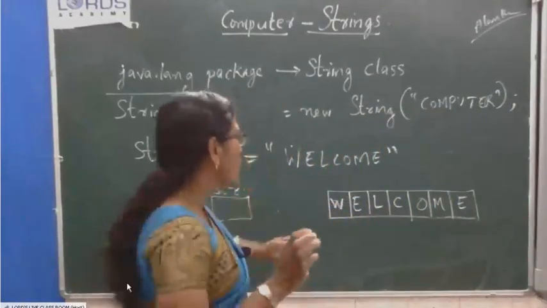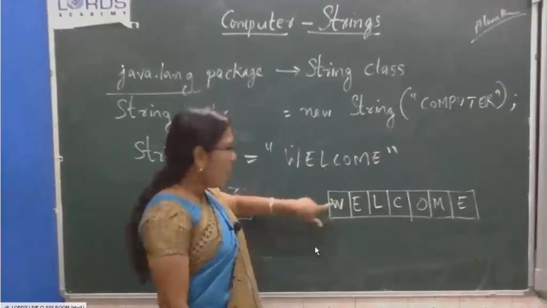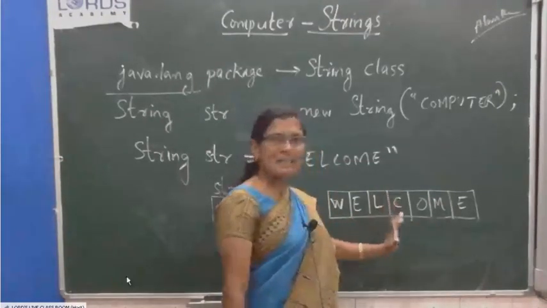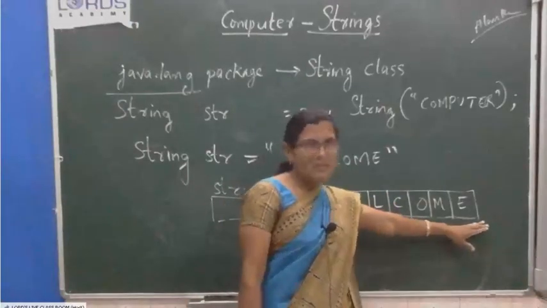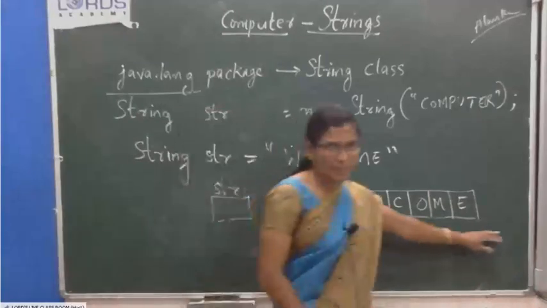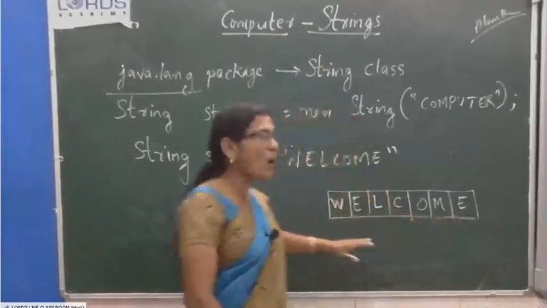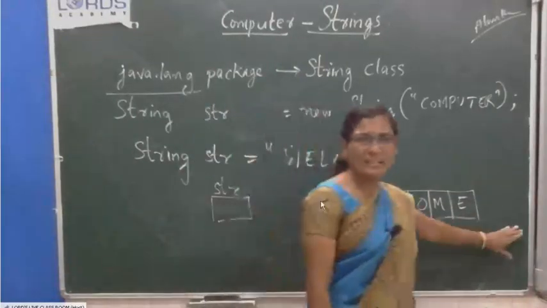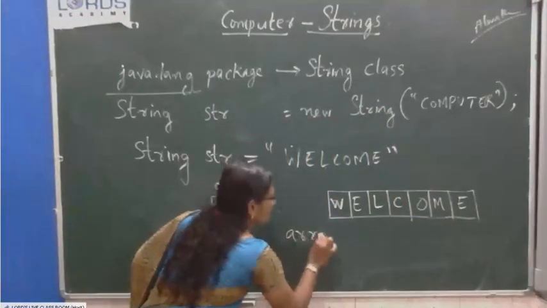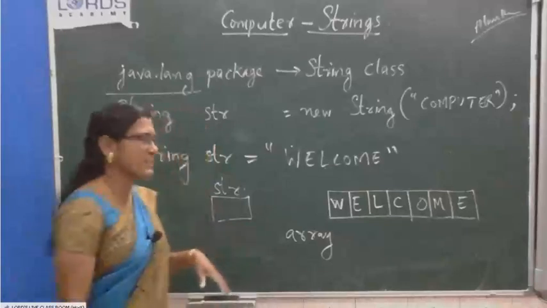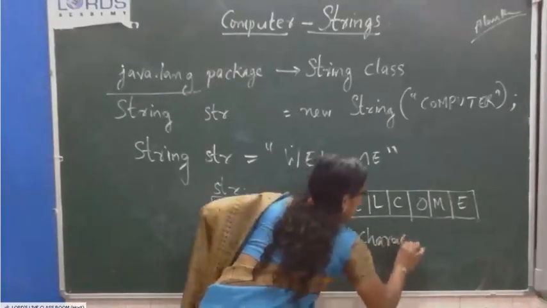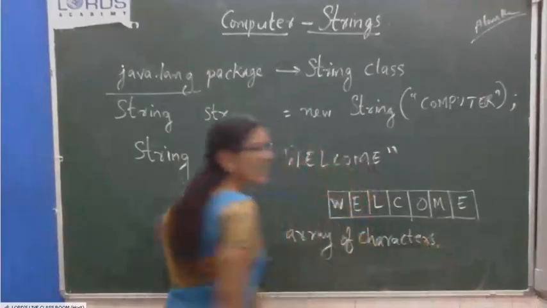Look, all are characters. W is a character, L is a character. So similar data items are stored continuously in the memory, isn't it? So we can call it an array of characters. What's an array?